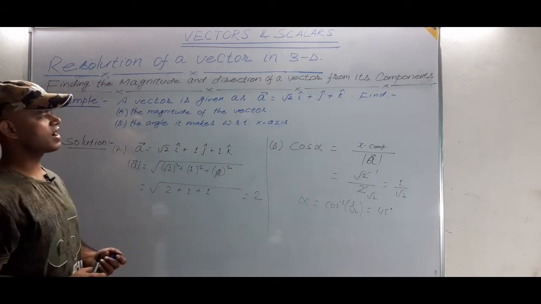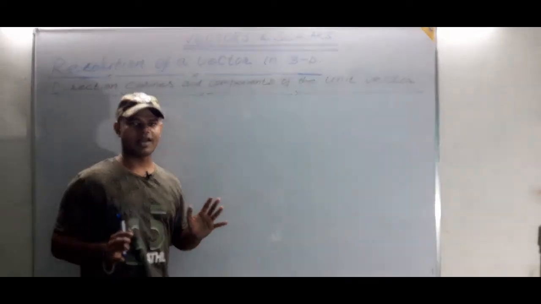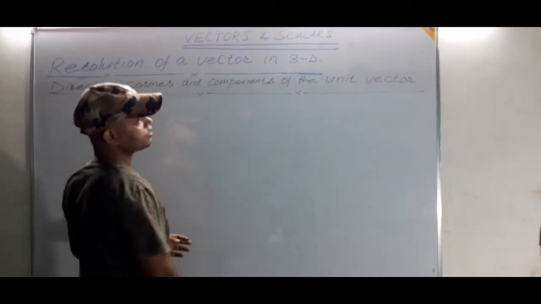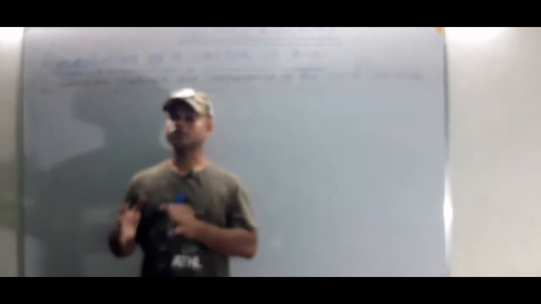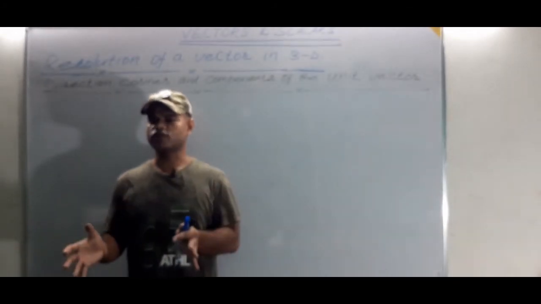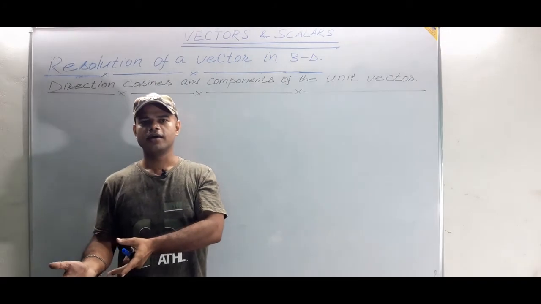You can also find the angles with respect to y-axis and z-axis. Got it? Right. So the final topic of this video lecture: direction cosines and components of the unit vector are the same thing. This is what we are going to learn. Direction cosines. What are direction cosines? Cos of direction are called direction cosines.